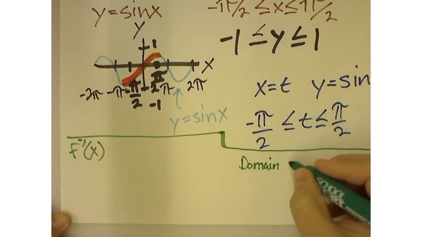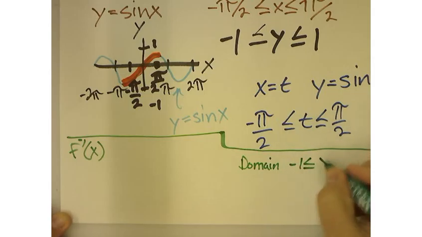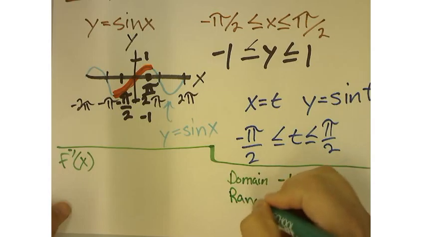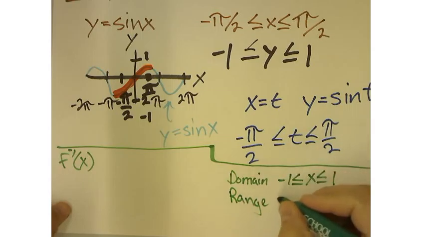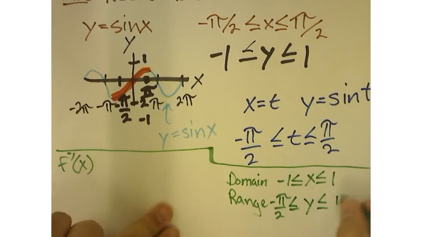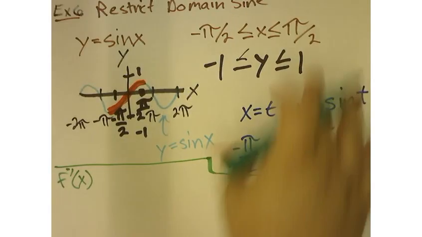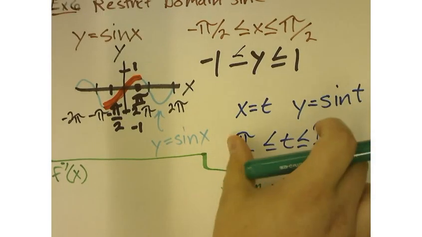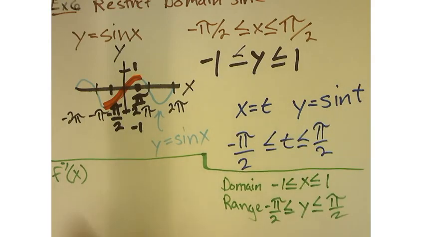So the domain would be negative 1 to 1, and then my range would be from negative pi over 2 to pi over 2. So here we have the original function, and here we have the parametric functions. We're going to use those to find the inverse function. But remember, what we're doing is flip-flopping the x and y.